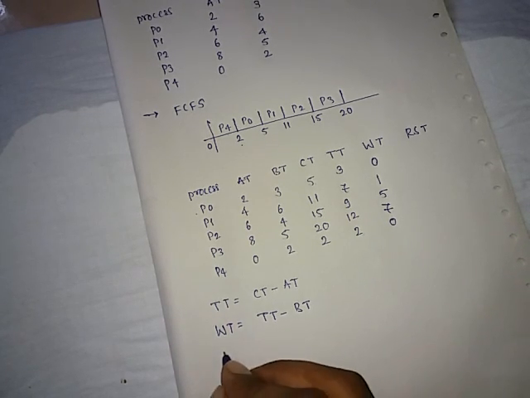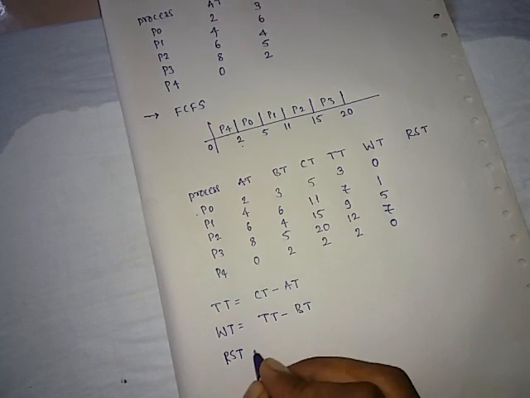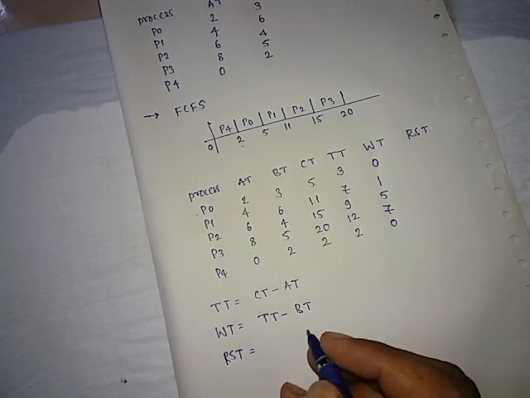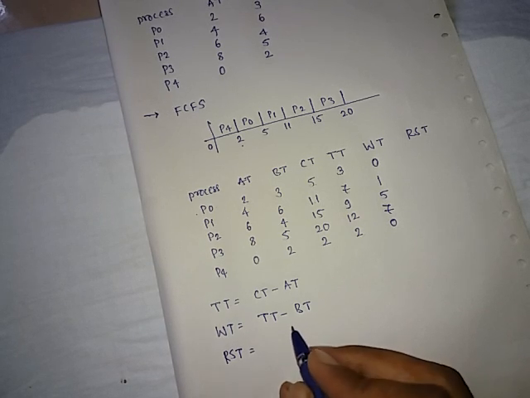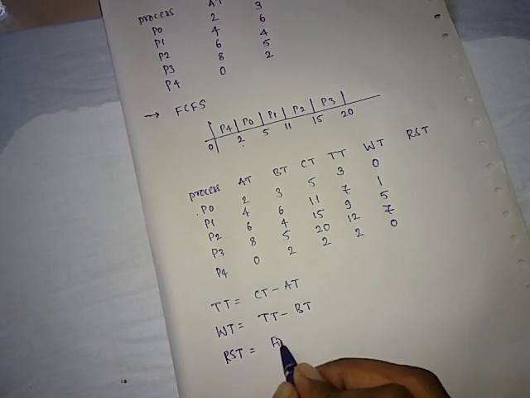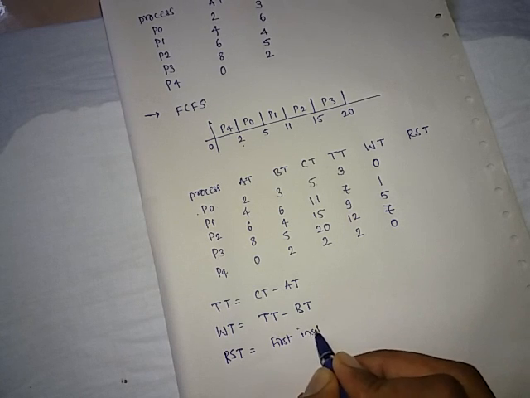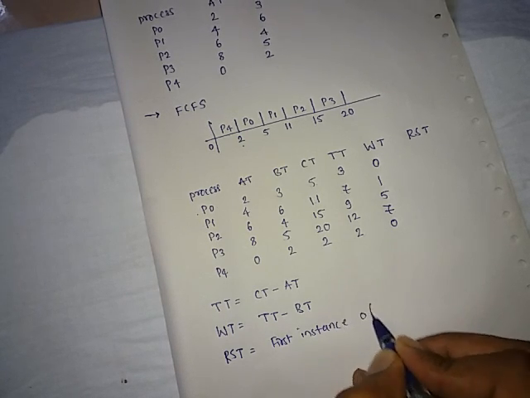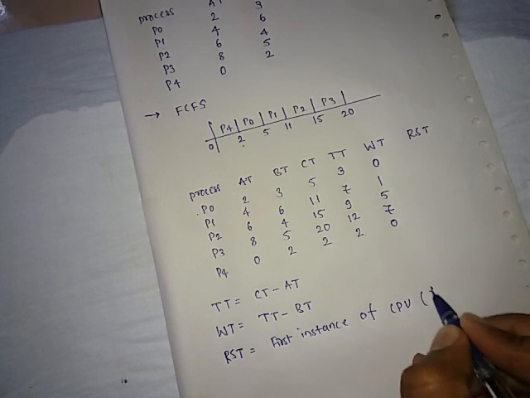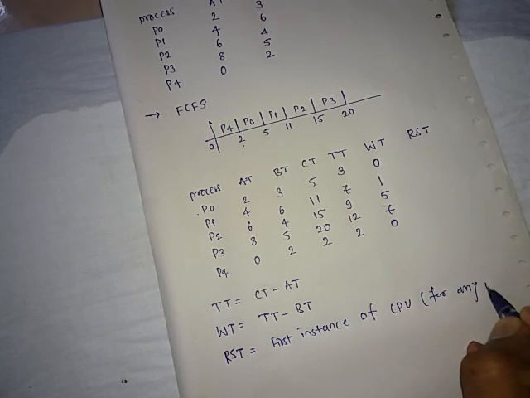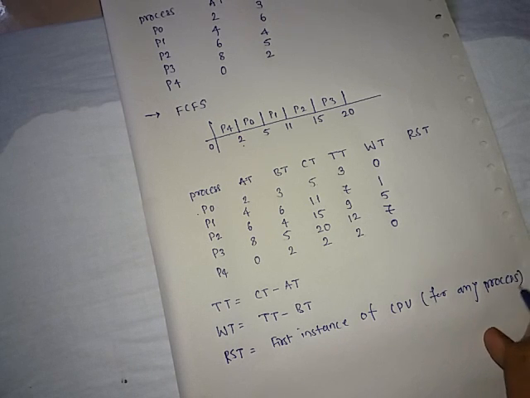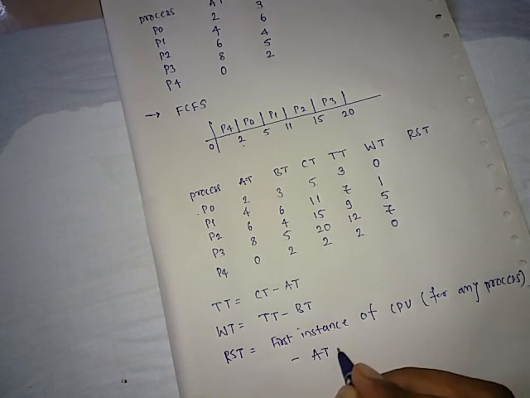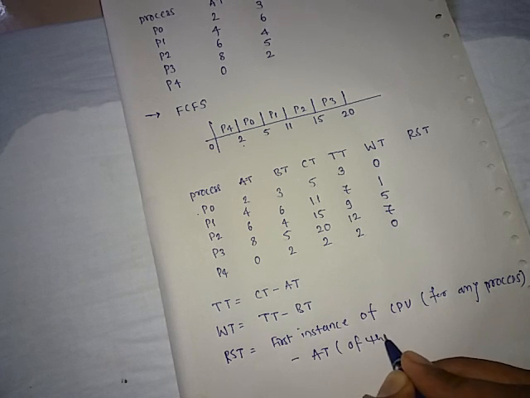Next one is response time. This response time is calculated by the formula: first instance of CPU for any process minus the arrival time of that process.